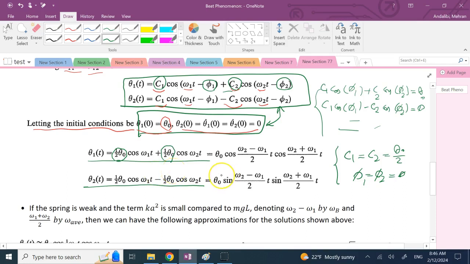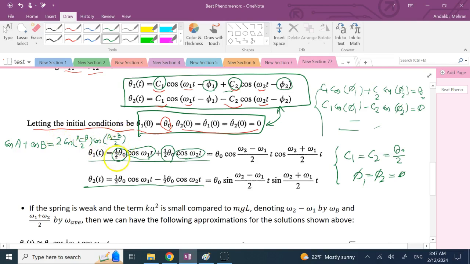Now here is the chance to do the trigonometry manipulation. Because they have the same amplitude, you get cosine of omega 1 t plus cosine of omega 2 t. And cosine A plus cosine B can be written as 2 times cosine of (A minus B) over 2 times cosine of (A plus B) over 2.